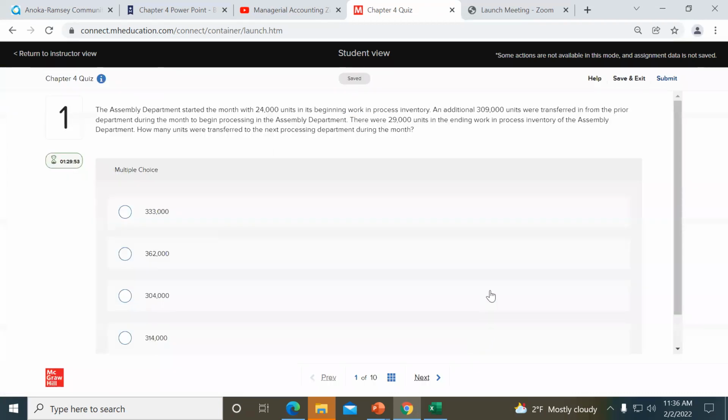The assembly department started the month with 24,000 units in its beginning work in process inventory. An additional 309,000 units were transferred in from the prior department during the month to begin processing in the assembly department. There were 29,000 units in the ending work in process inventory of the assembly department. How many units were transferred to the next processing department during the month?